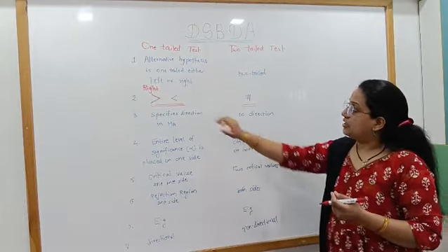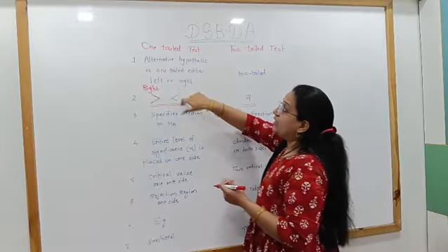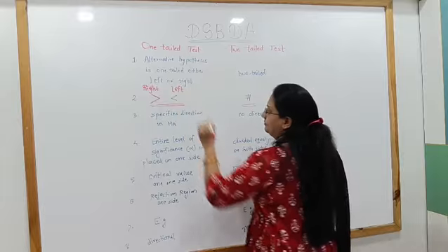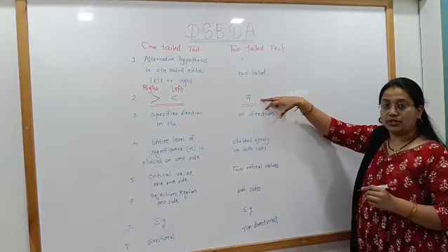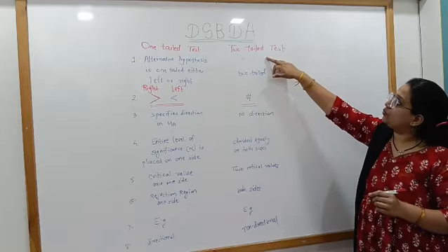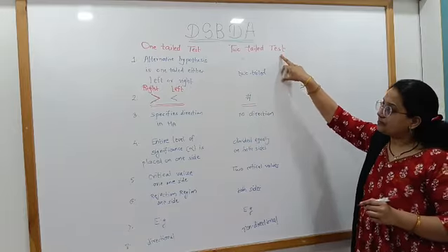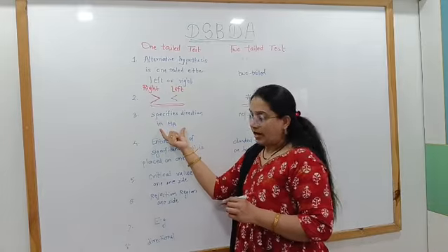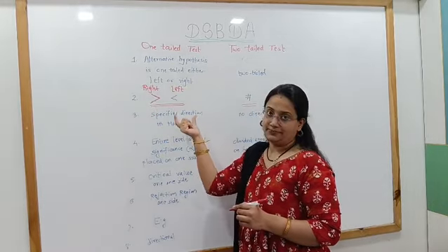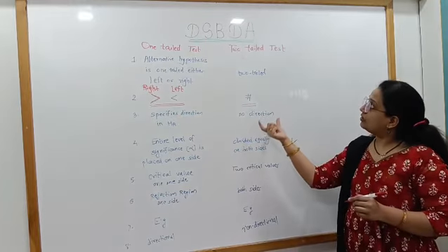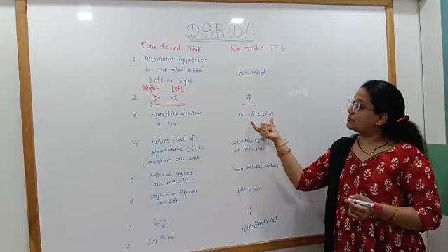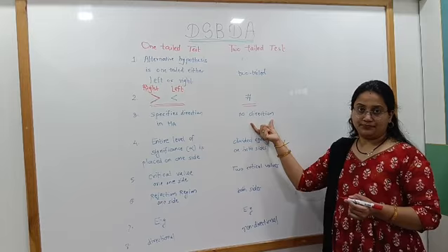When I use the less than symbol in the alternative hypothesis, it is a left tailed test. When I use the not equal to symbol in the alternative hypothesis, it is a two-tailed test. So in a one-tailed test, I specify the direction, whether left or right. In a two-tailed test, I will not specify the direction.